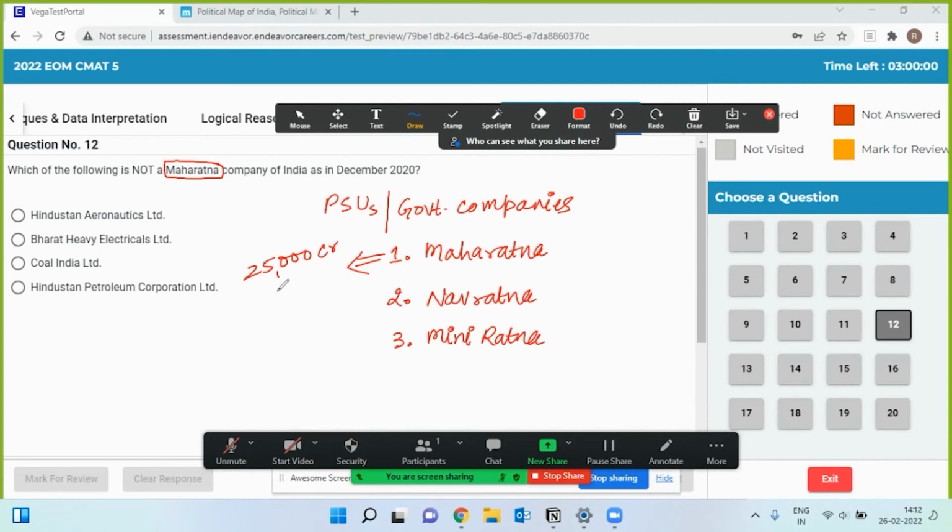Such companies are called as Maharatna companies, and at present India has 10 such companies. India has 10 Maharatnas. Correct? Just to give you a list of those 10, which are the 10 Maharatna companies of India.